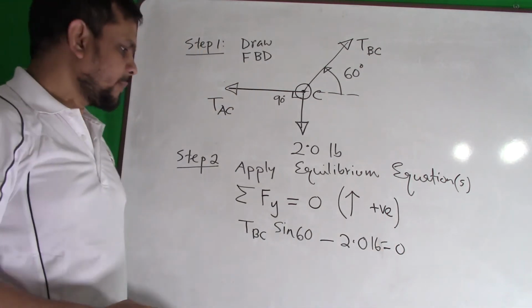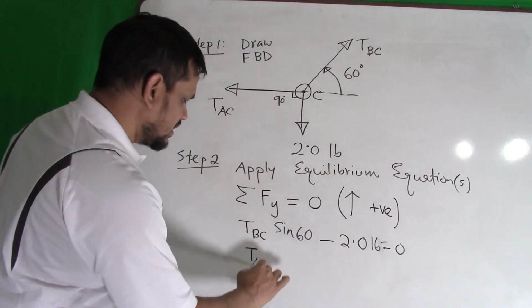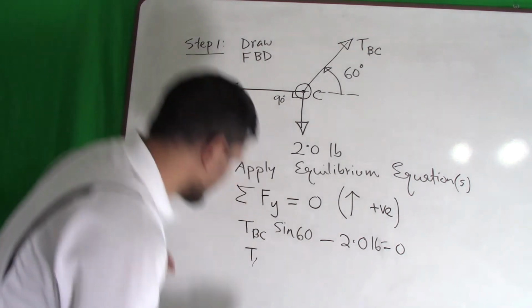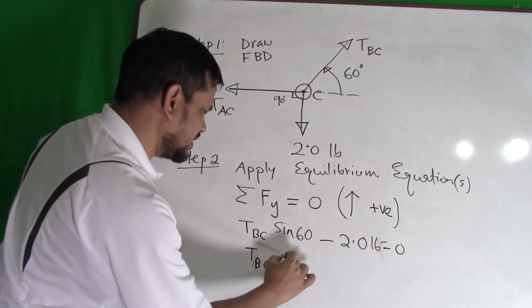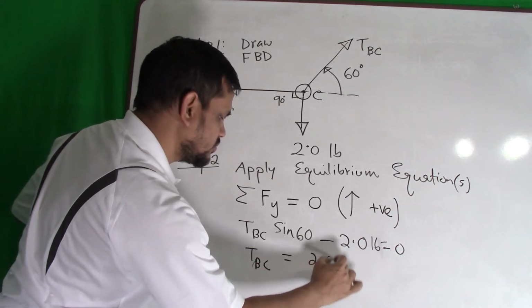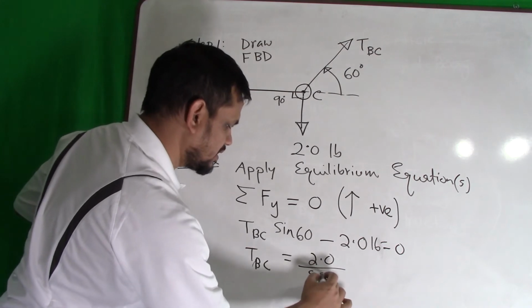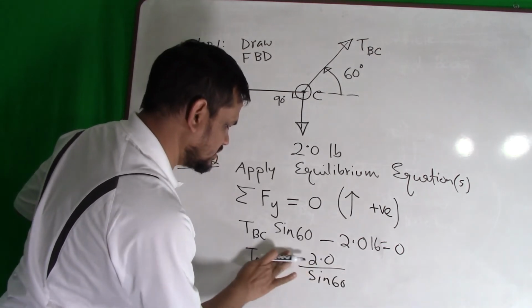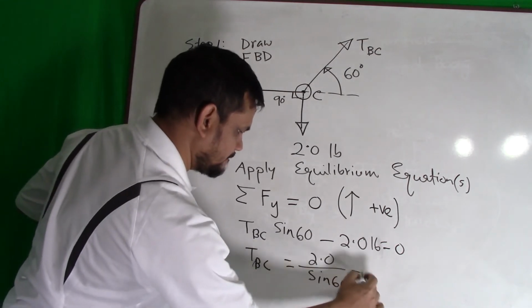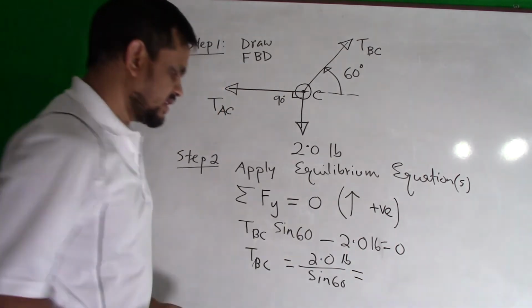Then if I solve it, TBC equals 2 pounds divided by sine 60.